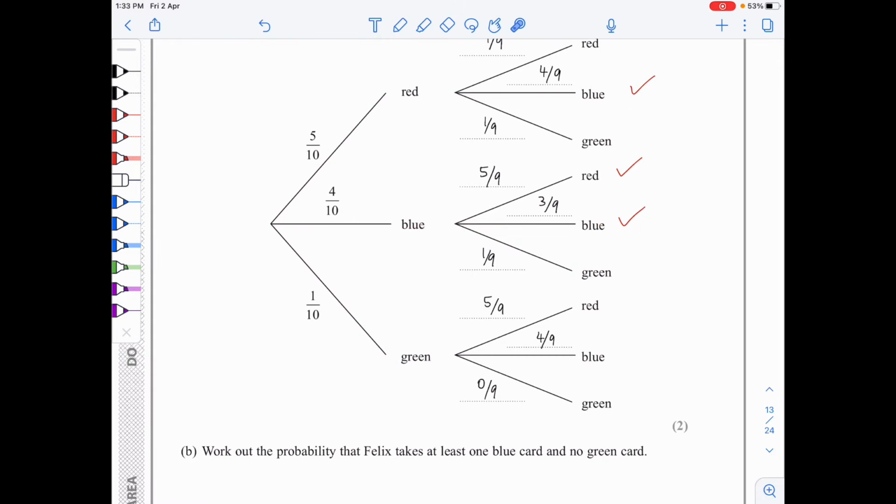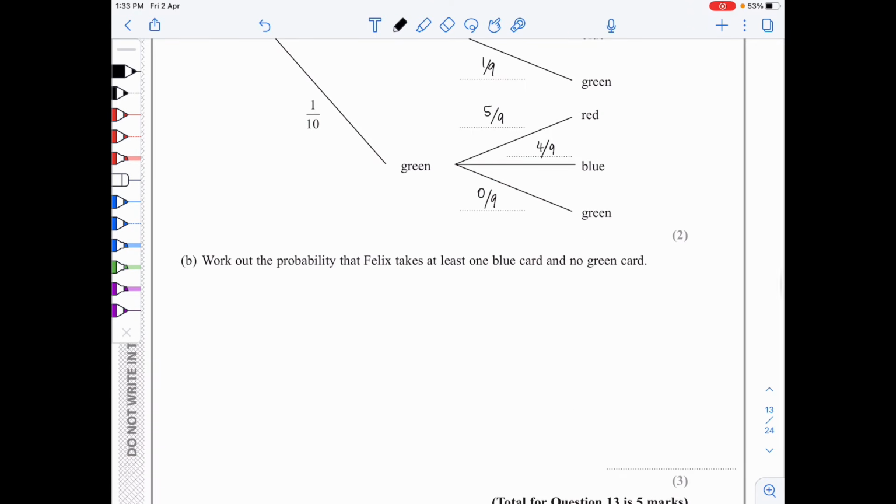Remember that with tree diagrams, I multiply the probabilities through the branches that we travel, and then we add the three different combinations. So it's going to be 5/10 times 4/9 plus 4/10 times 5/9 plus 4/10 times 3/9, and this is giving a result of 52/90.